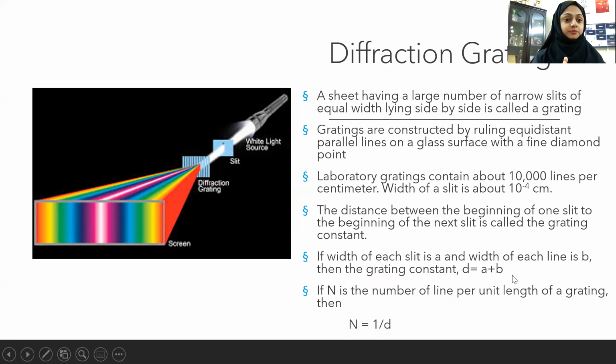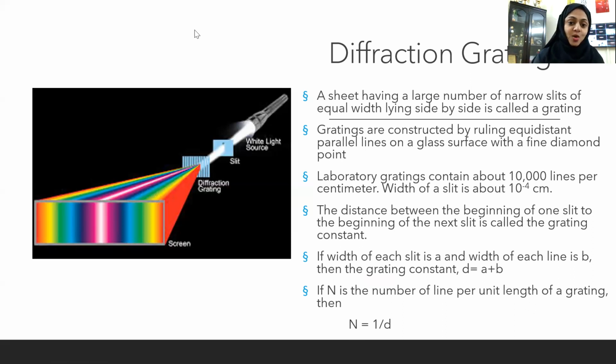That will be a constant for a given diffraction grating. Now, how can we find the number of lines per unit length of a grating? The number of lines per unit length of a grating is equal to 1 by d. It is represented by N. So I hope you understood what a diffraction grating is.